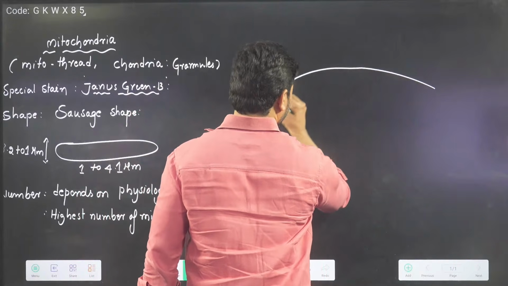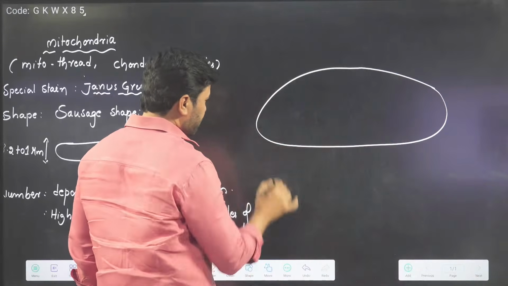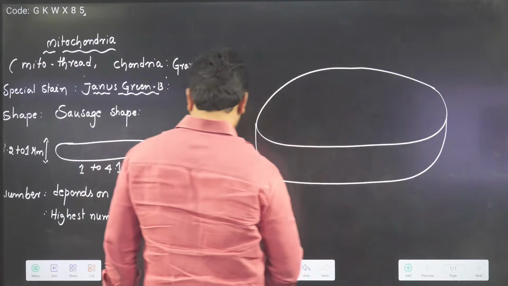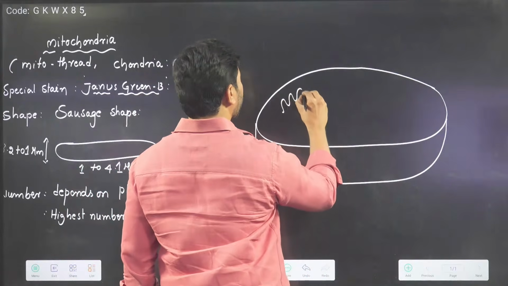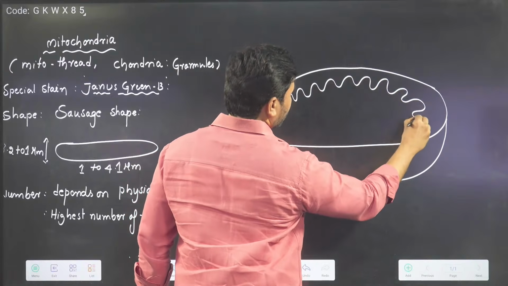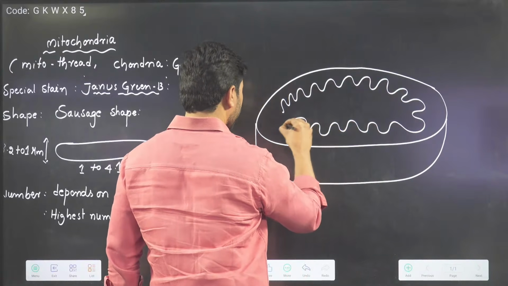Take the sausage-shaped body. This is the outer membrane, and next we have another membrane, the inner membrane. The inner membrane has many foldings.